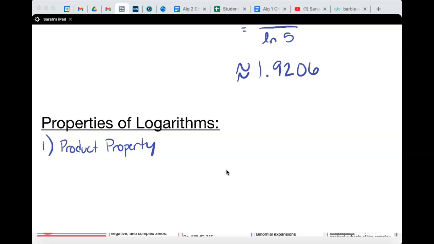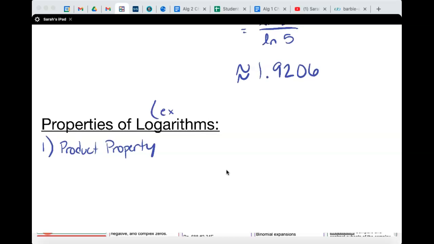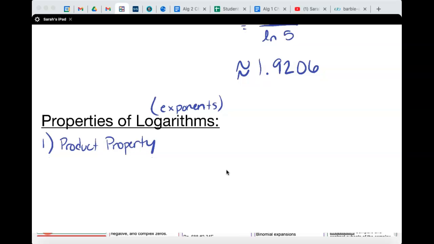So just remember, logarithms are basically like exponents. We evaluate the logarithm so that way I figure out the exponent that satisfies an exponential equation.